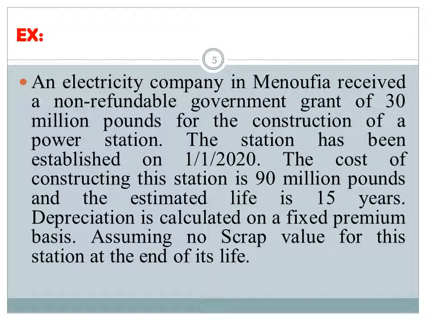The cost of constructing this station is £90 million, and the estimated life is 15 years. Depreciation is calculated on a fixed premium basis, straight line method, assuming no scrap value for this station at the end of its life.